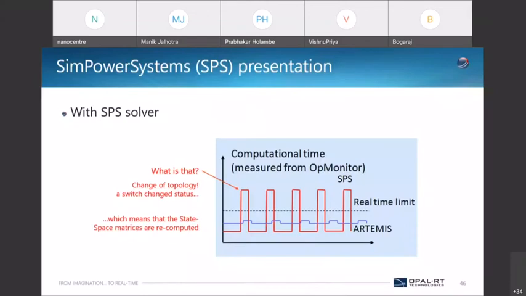We see in the red one over here that whenever there is a change of topology, that means whenever a switch has changed its status from 0 to 1 or 1 to 0, the state space matrices need more time because the entire recomputation is to be done. So we see that the real time limit has been crossed, and this is one thing which we do not want because we are going for a proper testing of our algorithms and everything.